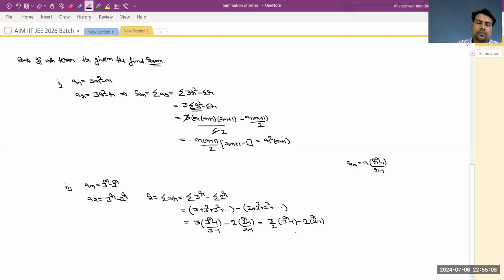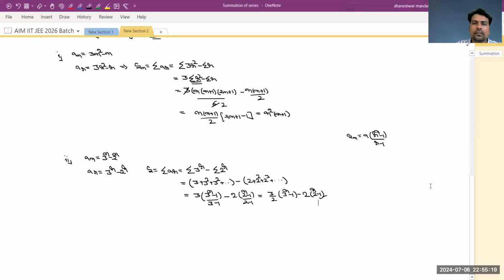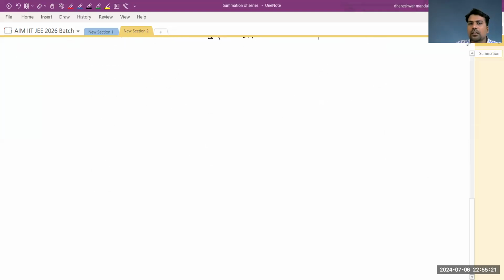I can simplify this term, and then I can find the solution from this table.